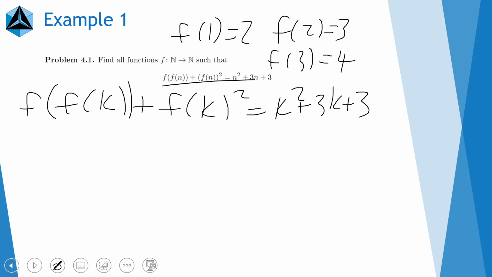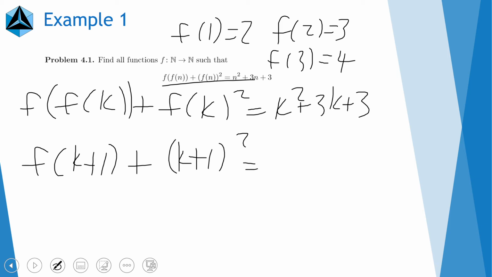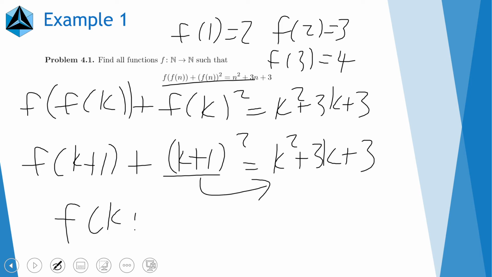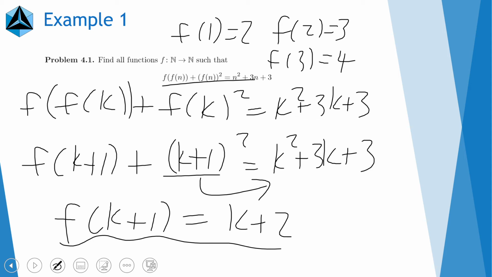Then plugging in what we proved, f of k is equal to k plus 1, we have f of k plus 1 plus k plus 1 squared is equal to k squared plus 3k plus 3. We can just expand this and move it over there. Simplifications give f of k plus 1 is equal to k plus 2. That's exactly what we wanted. So our inductive step is complete.